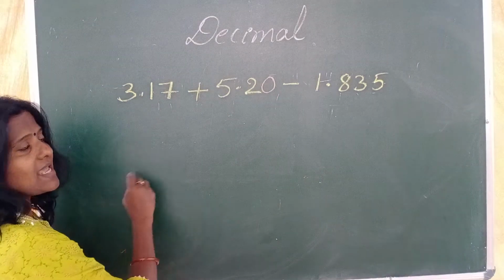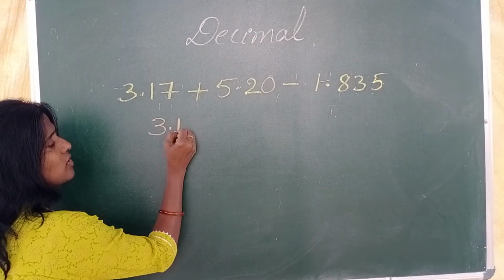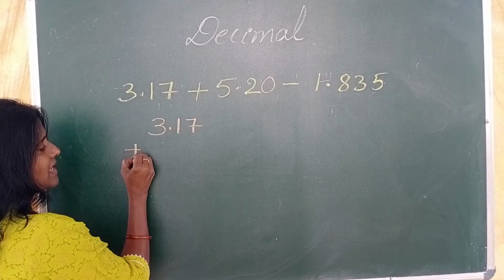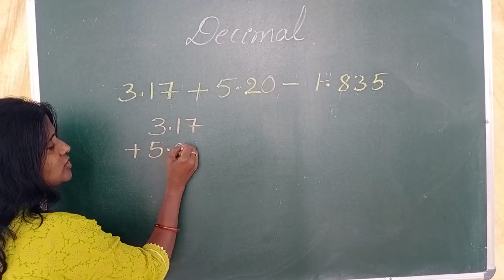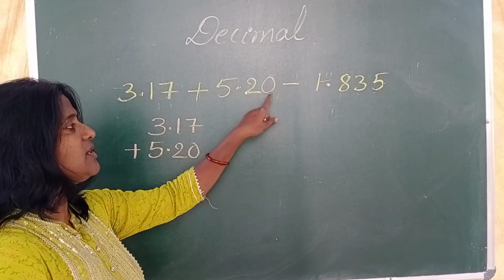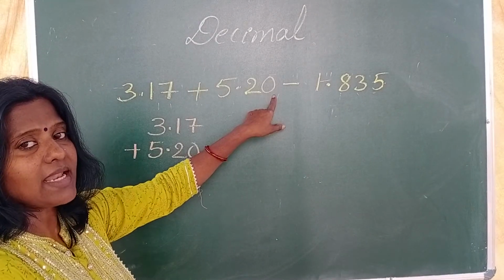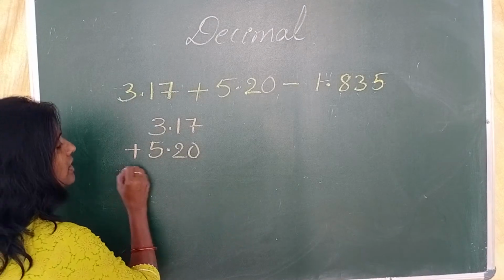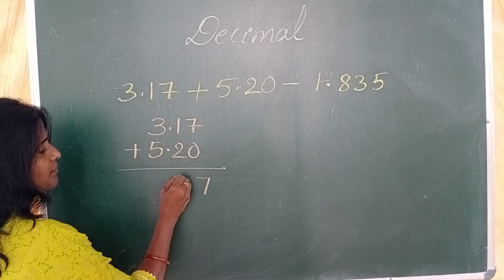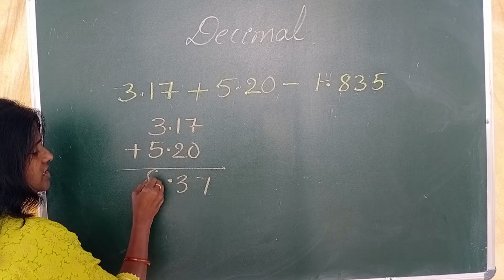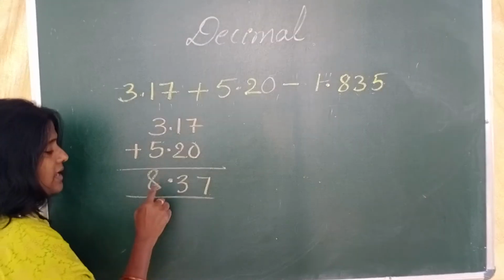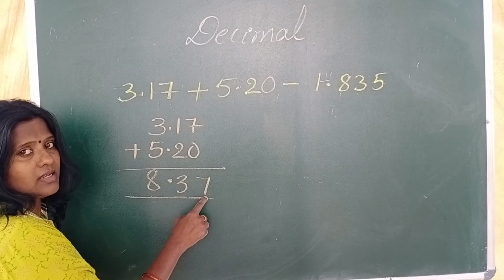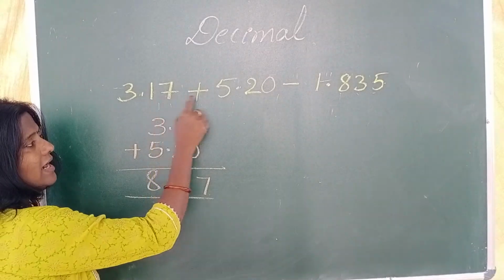Now you can easily add this: 3.17 plus 5.20. I have written it in a different color so that you can understand how I have made it into like decimals. Now you can add: 7, 3, 8. How to read this? 8.37. I have added these two.